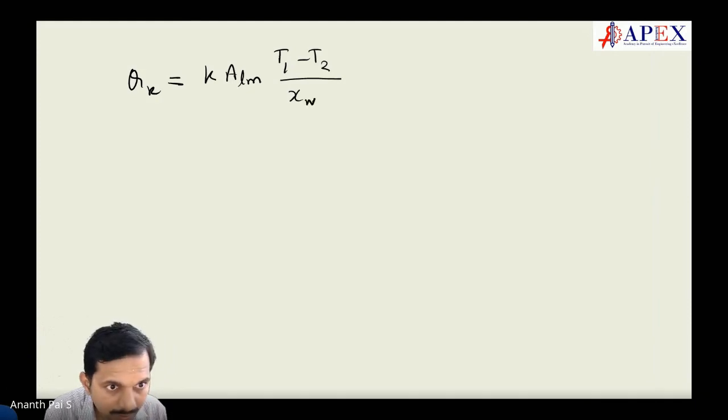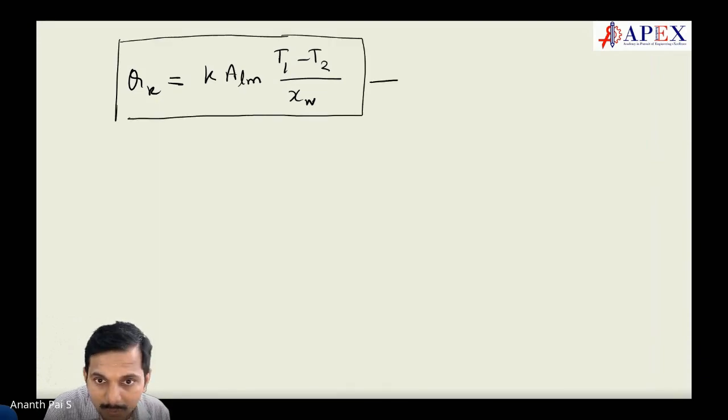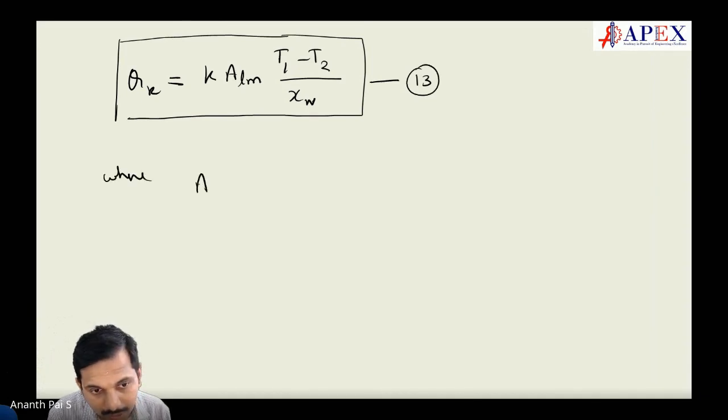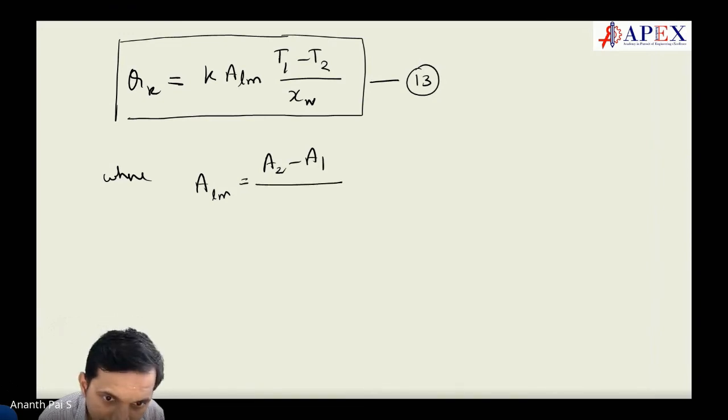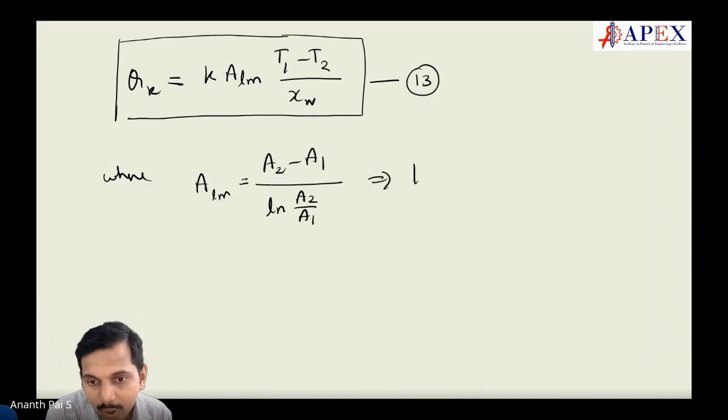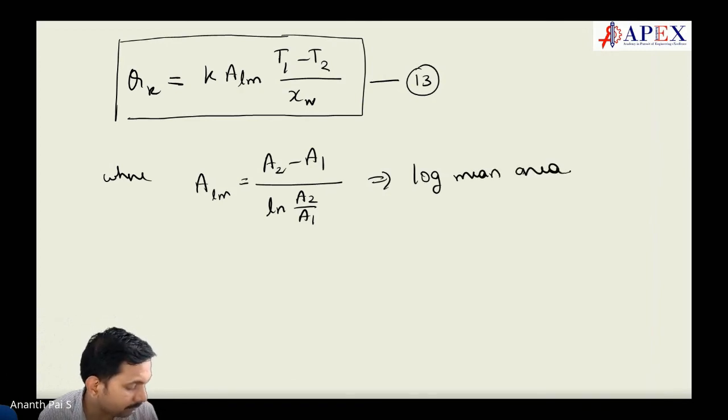This is equation number 13, where ALM, A log mean, is equal to A2 minus A1 divided by log of A2 by A1, which is the log mean area.